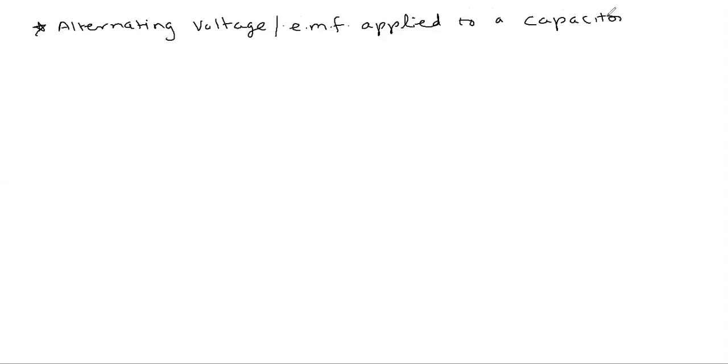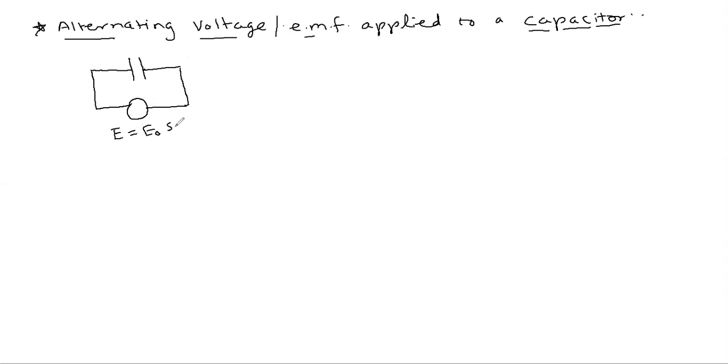In the second chapter, we have thoroughly discussed the principle of the capacitor, capacitance, etc. Now we have to apply the alternating voltage or EMF across this capacitor. So let us draw the diagram first. This one is the capacitor, and across this capacitor I am going to apply the alternating voltage or EMF, that is E is equal to E naught sine of omega t.